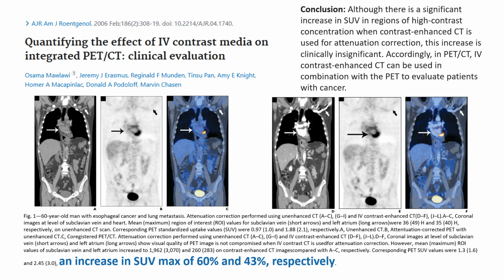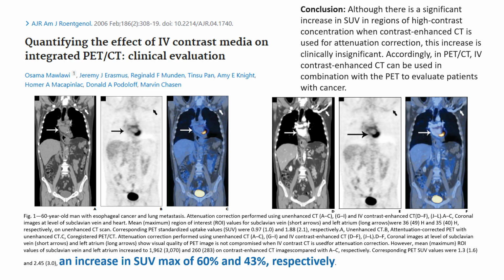This is a PET-CT study of a patient with esophageal cancer and lung metastasis. On the left, no contrast medium has been used in CT, while on the right, a second CT with the contrast medium is displayed and also used for attenuation correction.